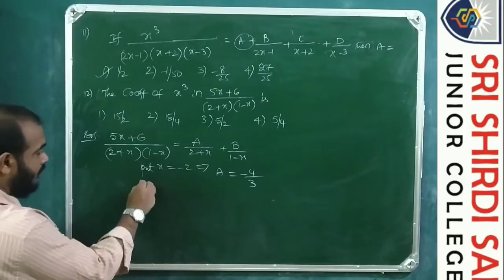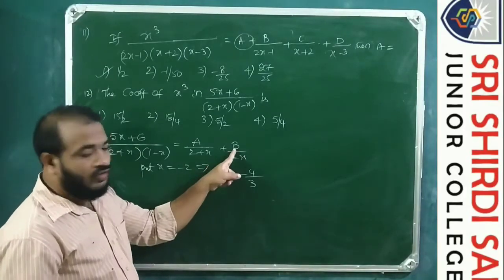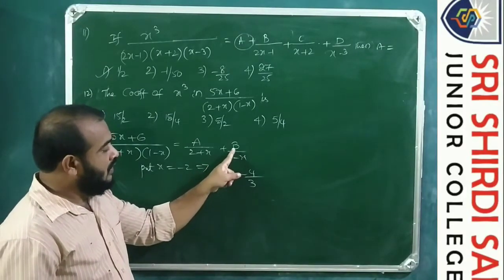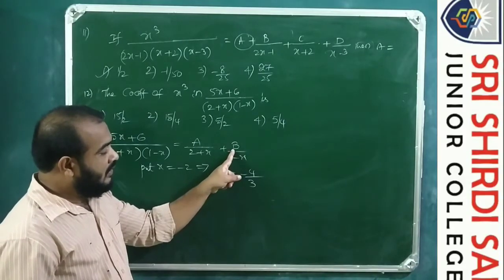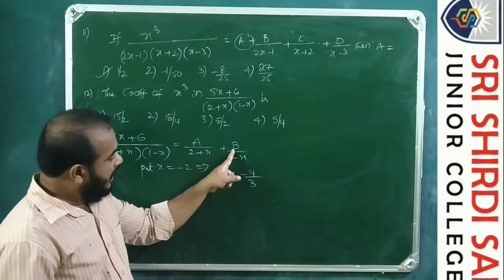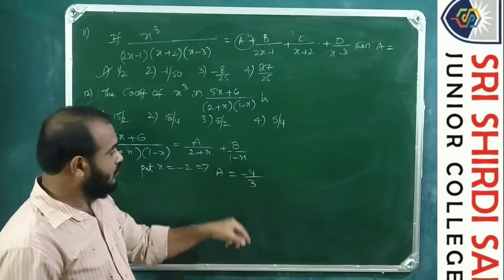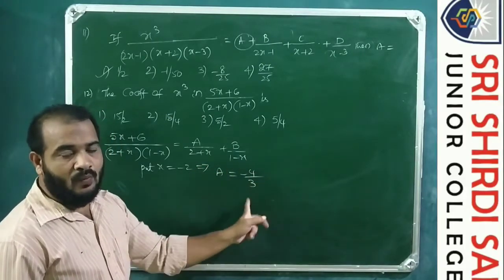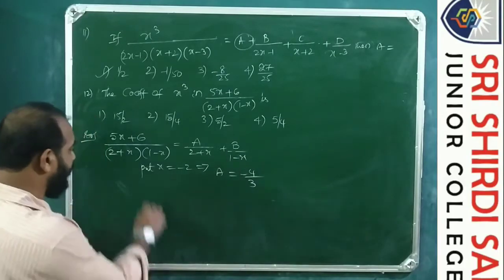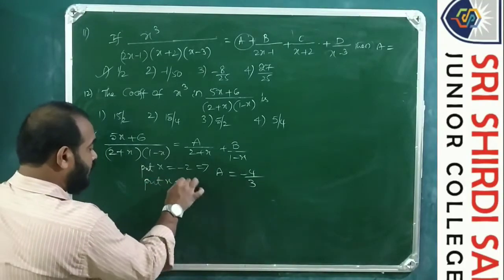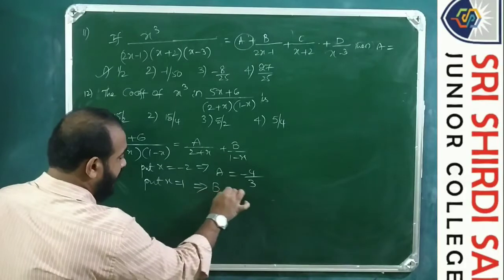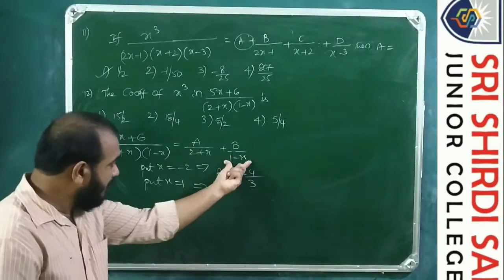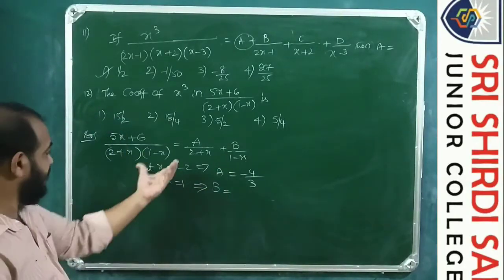Now to obtain the value of b, equate that under b to 0. So under b, 1 minus x is there, equated to 0. 1 minus x equals 0, x equals 1. So put x equals 1. To obtain the value of b, cover this 1 minus x in the LHS.